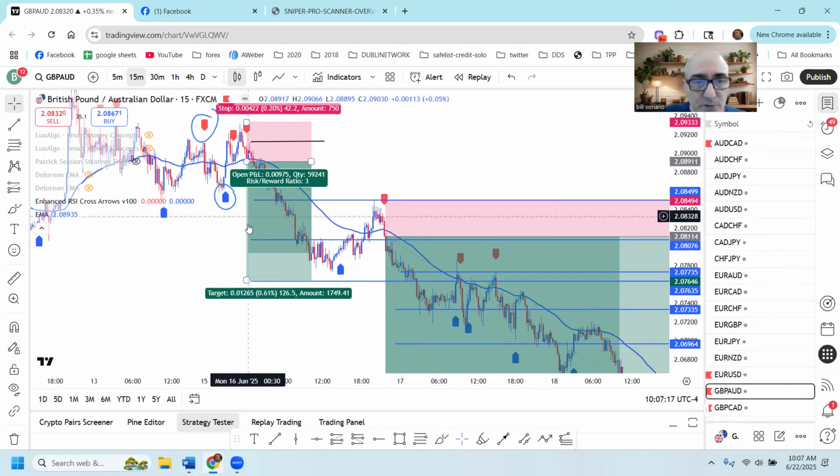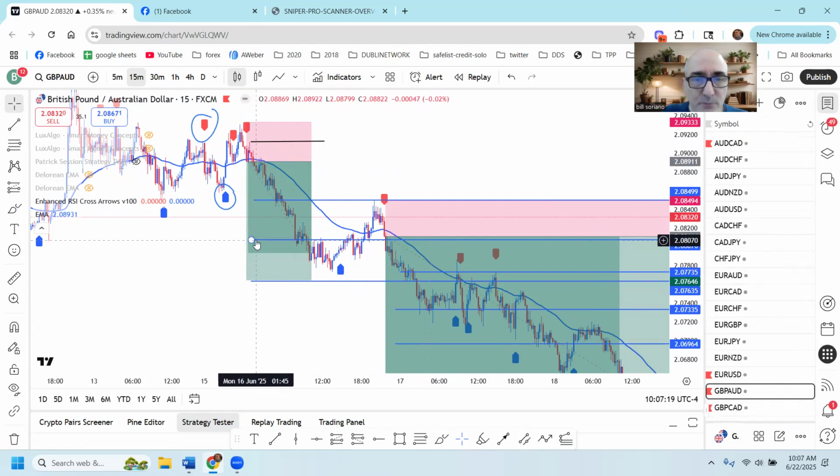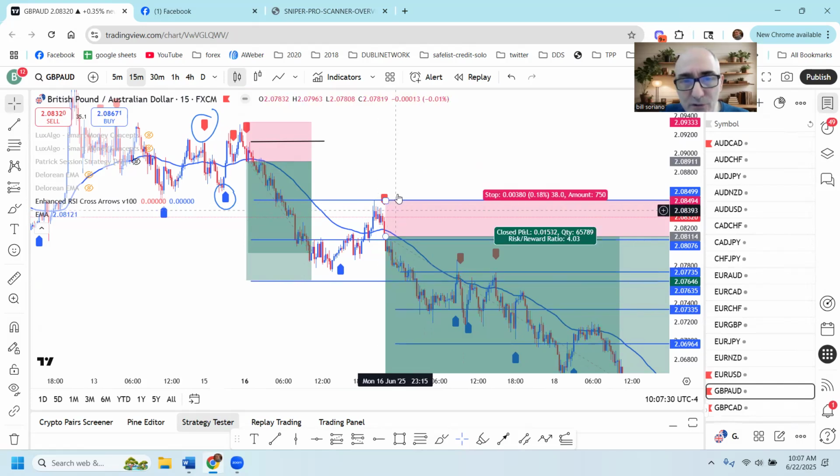Okay, so there you are. You get to a +2 and you move your stop loss to +1. And then it looks like right here you get taken out of the trade just barely. But that's okay, because look, you get another signal now to get back in.